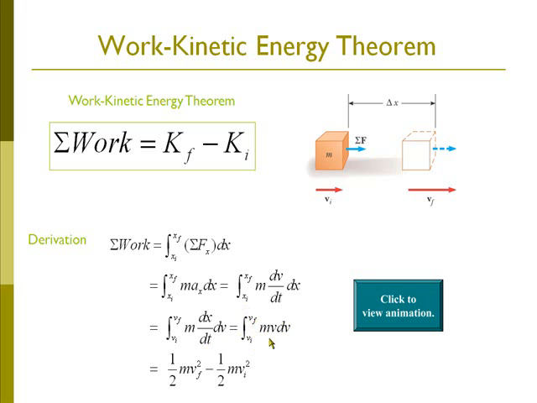When we perform this integration, we obtain the change in kinetic energy of the object, which is merely the right-hand side of this expression. This expression is known as the work kinetic energy theorem because it links the idea of a net amount of work being done by a force with the change in the kinetic energy of the object who is the recipient of the work.